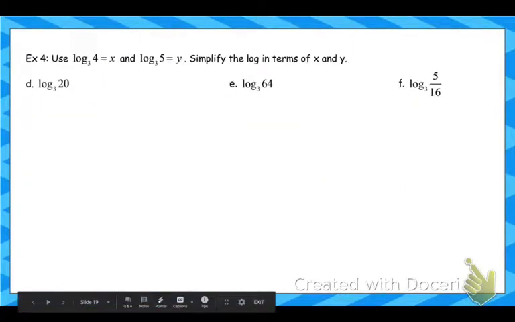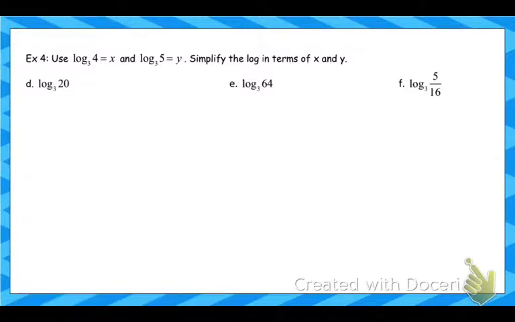All right, so like I said, the reason we need to be able to do this without a calculator is because of this concept right here. We're going to work these problems the exact same way, but instead of giving you some random decimal, it's giving you a variable. So let's do log base 3 of 20. Well, let's see how we can get 20 out of 4 and 5. Log base 3 of 4 times 5 is the same thing.